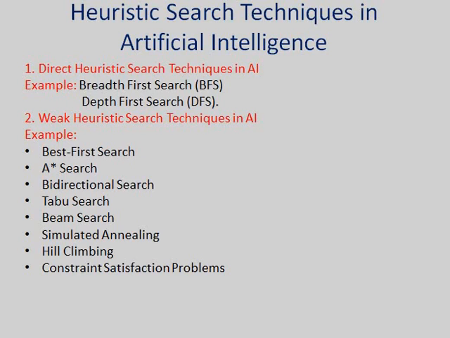Each node has a heuristic function associated with it. Some examples of weak heuristic search are best first search, A star search, bidirectional search, tabu search, beam search, simulated annealing, hill climbing, and constraint satisfaction problem. These are the common weak heuristic search techniques that we use in artificial intelligence.